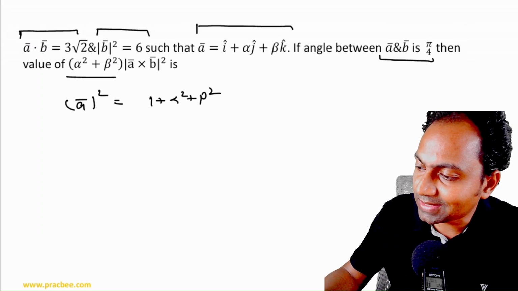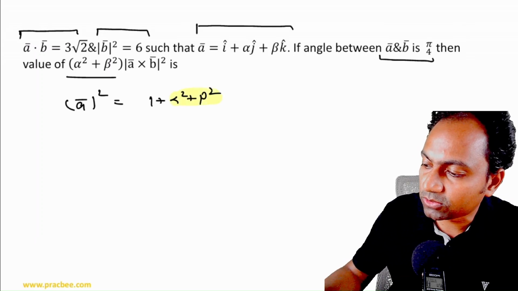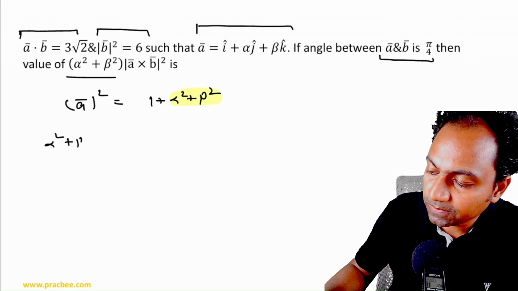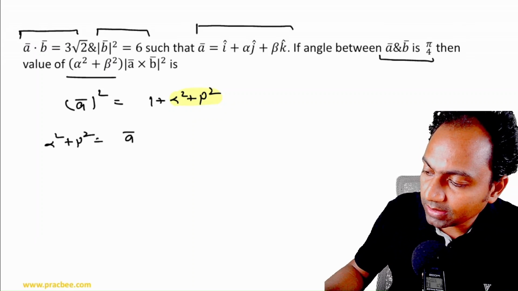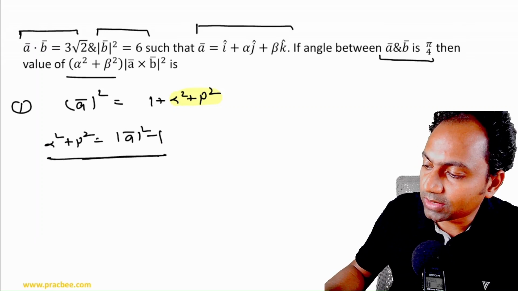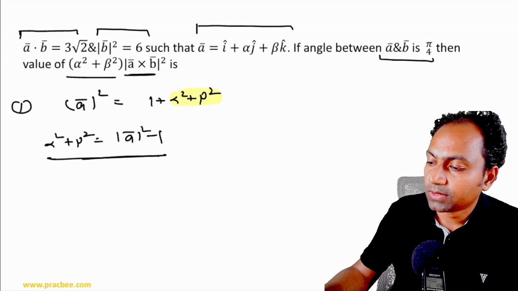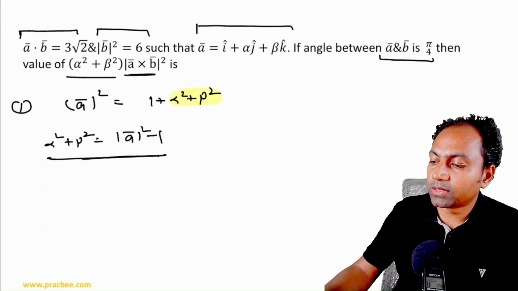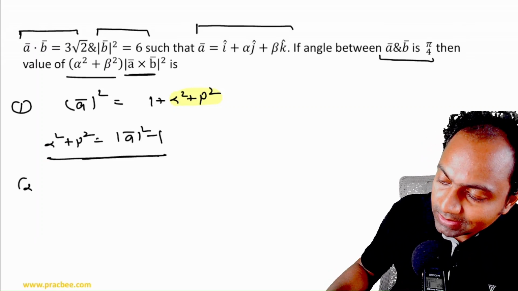Whatever we are seeking is nothing but mod of a whole square minus 1. In order to get this, we'll want the value of mod of a. For this, the next step comes into picture.